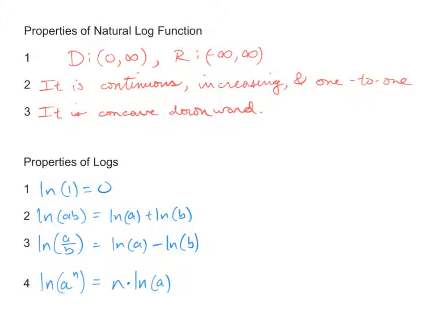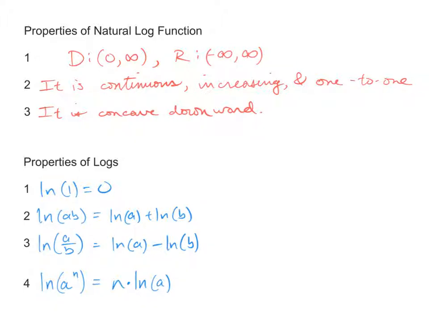The natural log function is in fact continuous on its domain. It is increasing always on its domain, and it is one-to-one. One-to-one may be something you haven't heard in a while. It means that the inverse of the natural log function, f of x equals e to the x power, is also a function. The last property of the natural log function specifically is that it is concave downward everywhere.